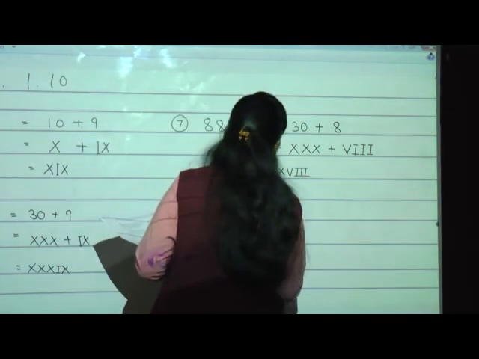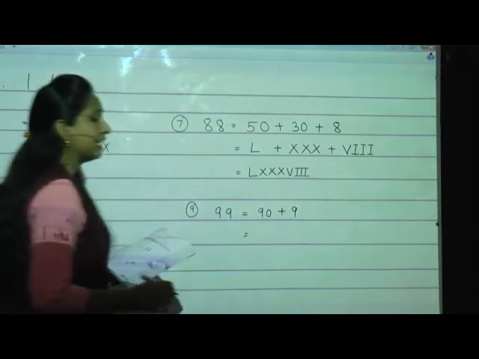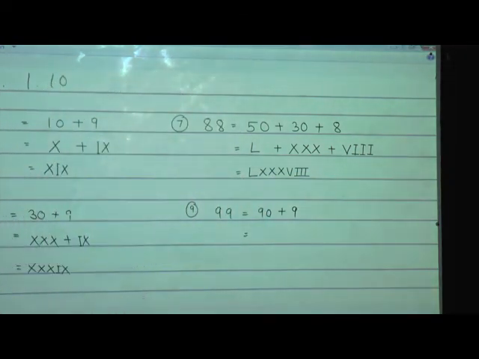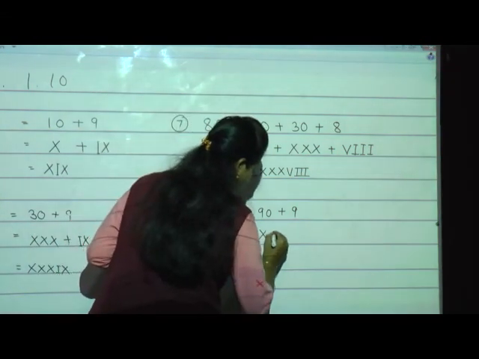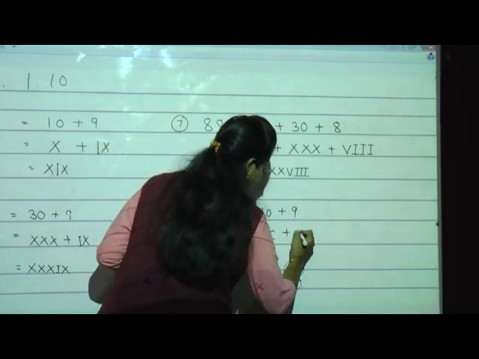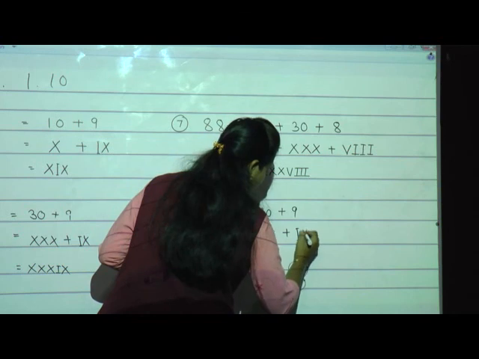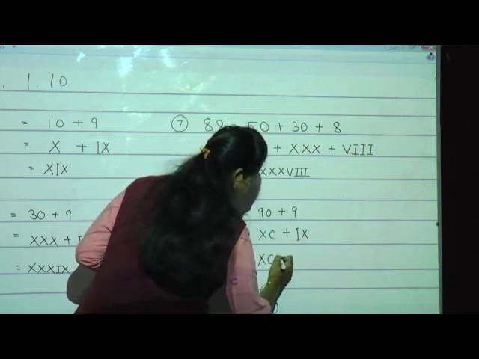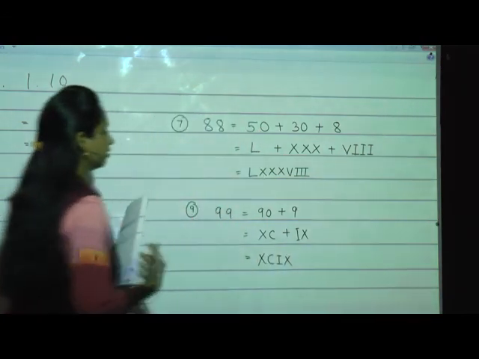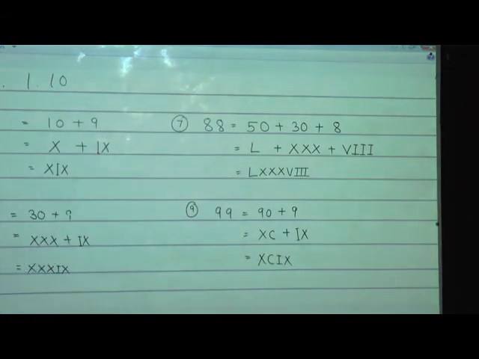So I will take directly here 90 plus 9. So 90 we write as XC. Okay, and 9 we write as IX. So together we write XCIX. Got it? Very easy. Understood?